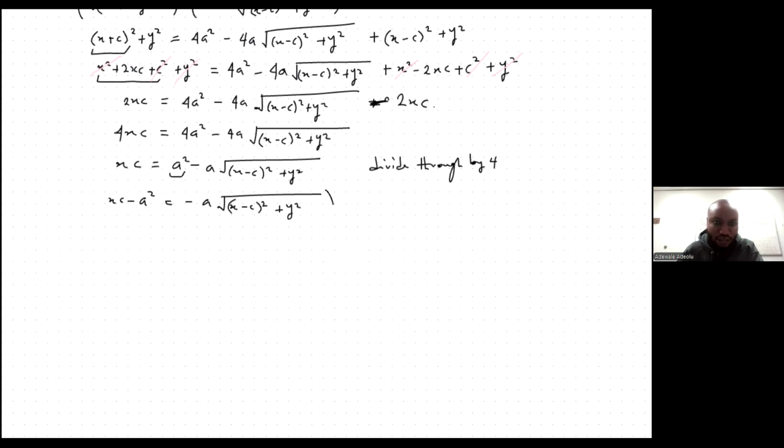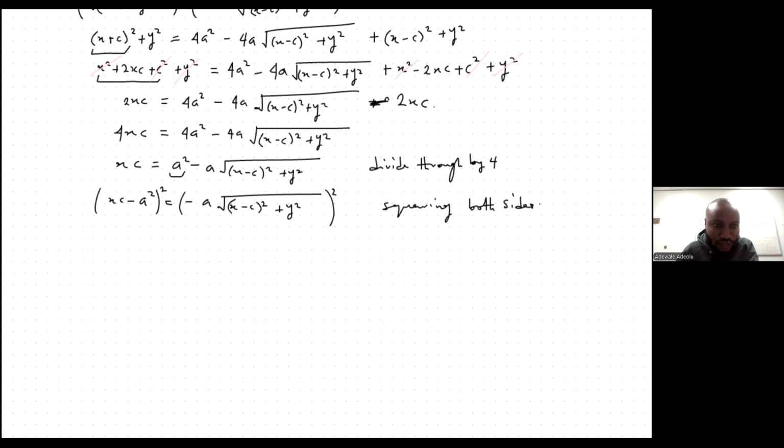Now I can square both sides. The goal is to get rid of the square root. That's what we are working towards. So we do the same thing here.